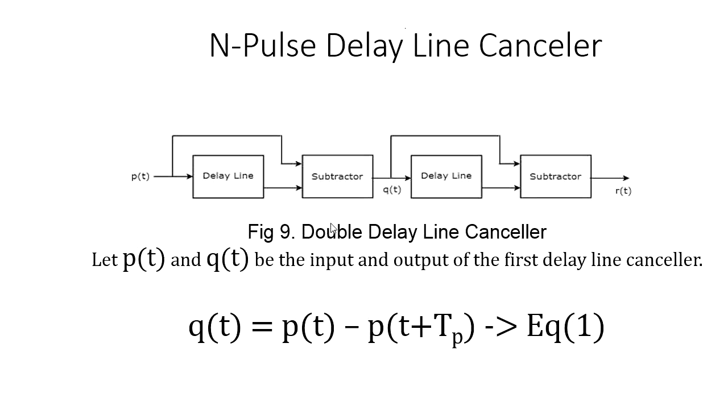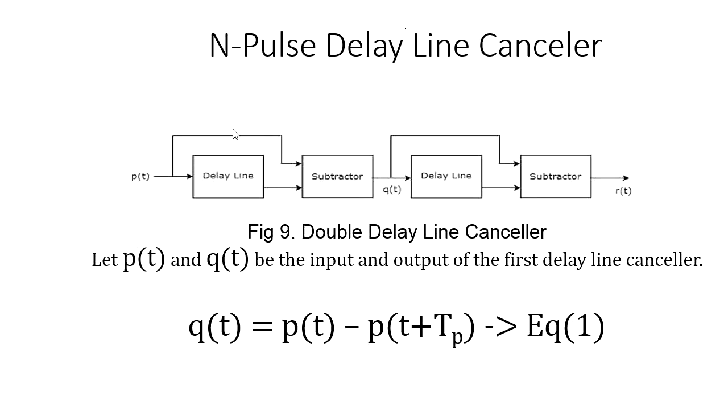In this diagram, P of T is the input of the first delay line canceller, and Q of T is the output of the first delay line canceller. Again the same Q of T we give as input to the next stage of the delay line canceller. So first we will discuss how to write the mathematical notation for the first delay line canceller.